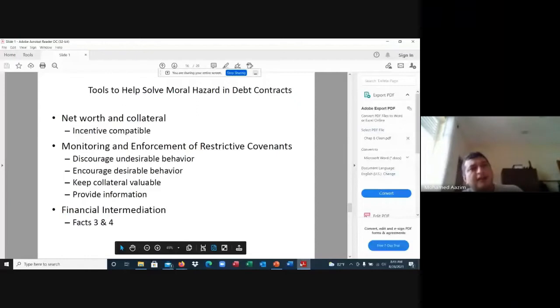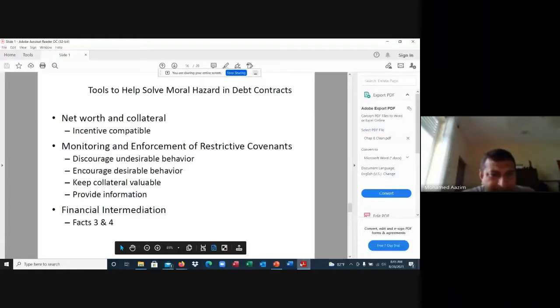Then the collateral value decreases. So the financial intermediary may ask you to bring in new assets to top up the collateral value, to keep the collateral valuable throughout the life of the financial contract, the debt contract in this case. This happens all around the world.